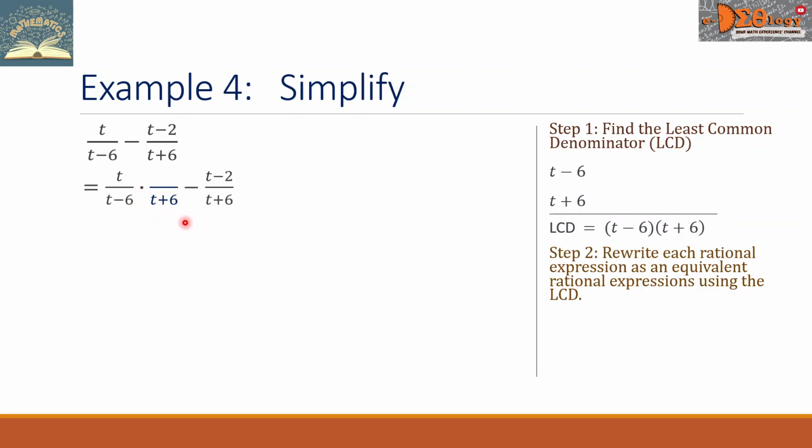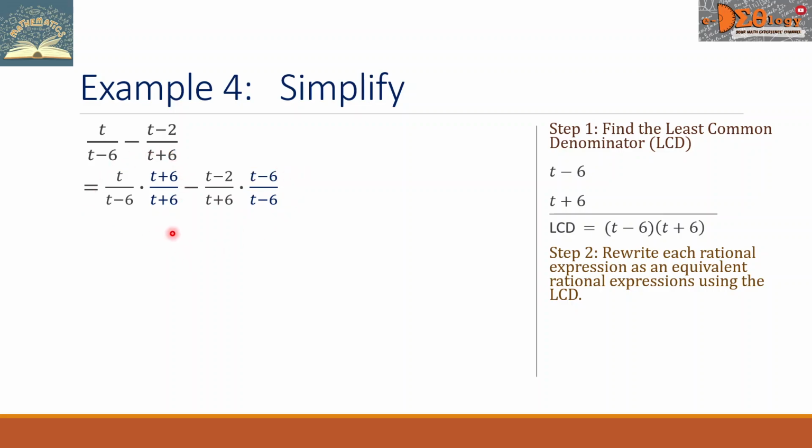And then this t plus 6 we will copy on top, minus the second expression. Our denominator is t plus 6. We want this to be equal to our LCD. That is why we will multiply t plus 6 by t minus 6. And this t minus 6 simply we copy on top.